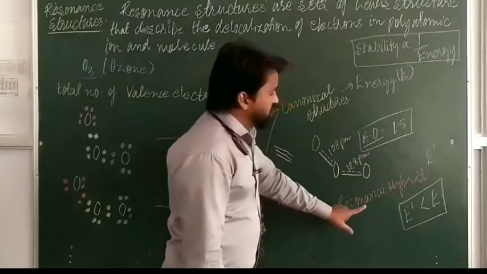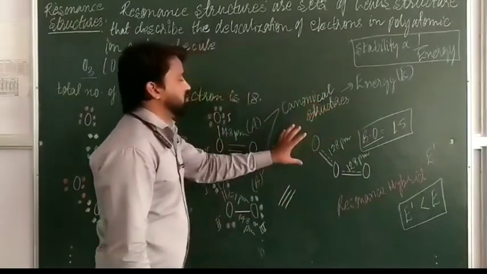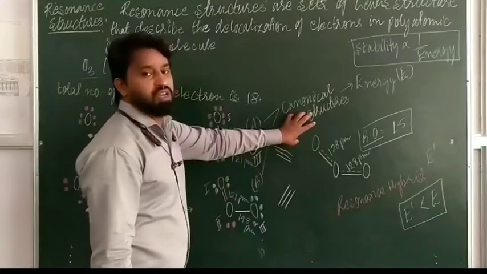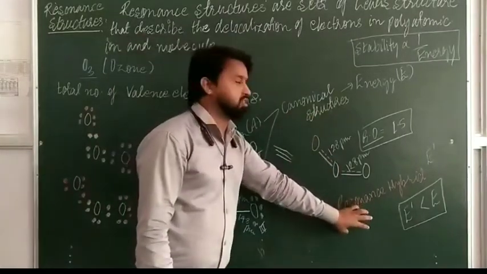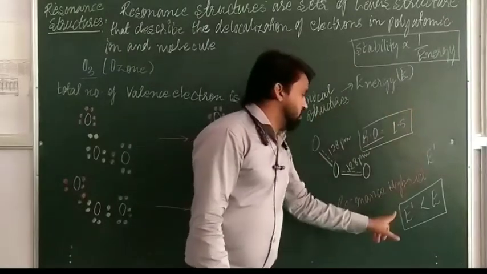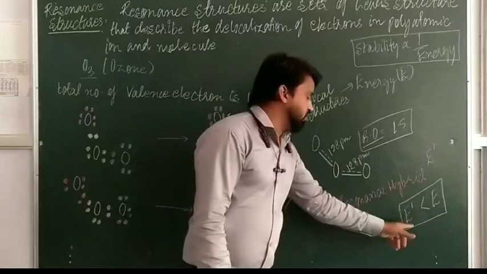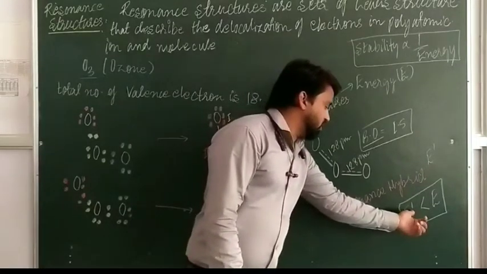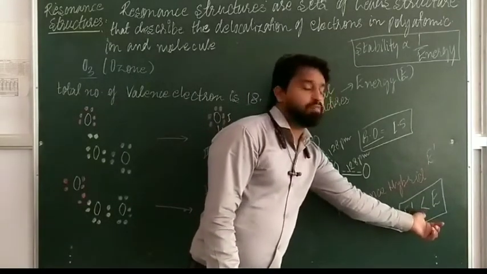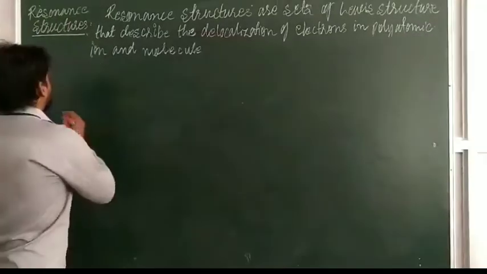If we consider the energy of the canonical structure, it is E, and the resonance hybrid has energy E dash. Here E dash is less than E, hence the stability will be higher for the resonance hybrid.